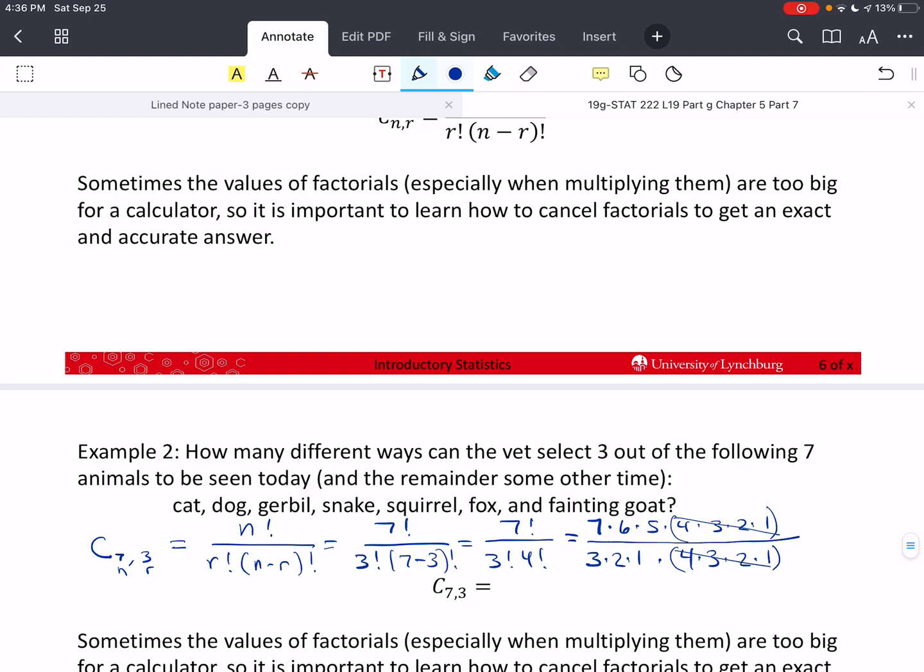Okay? And so then I'm left with 7 times 6 times 5 over 3 times 2 times 1. Well, this is 6, so I can cancel that out, and I'm left with 7 times 5, which is equal to 35. So there's 35 different ways that 3 of these animals out of the 7 can be chosen, 3 at a time, if you will. Okay.